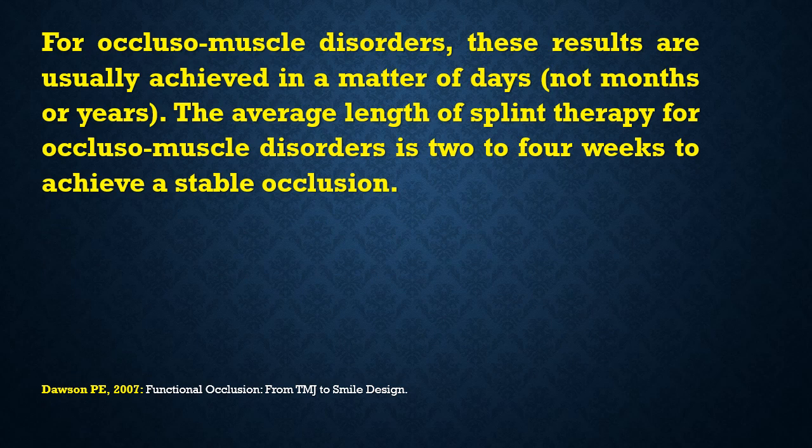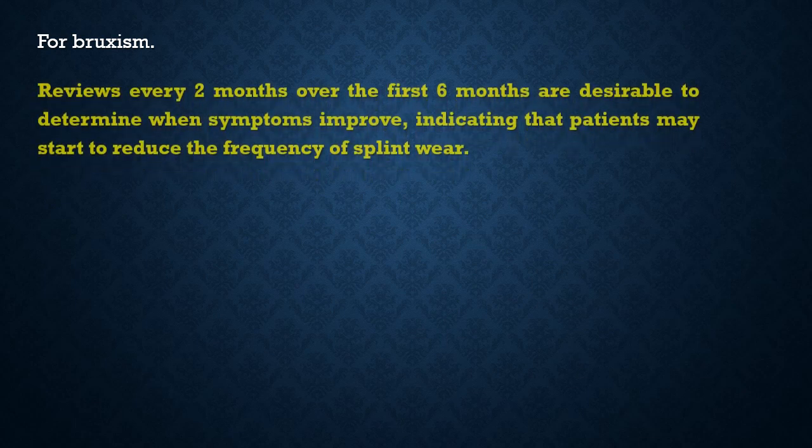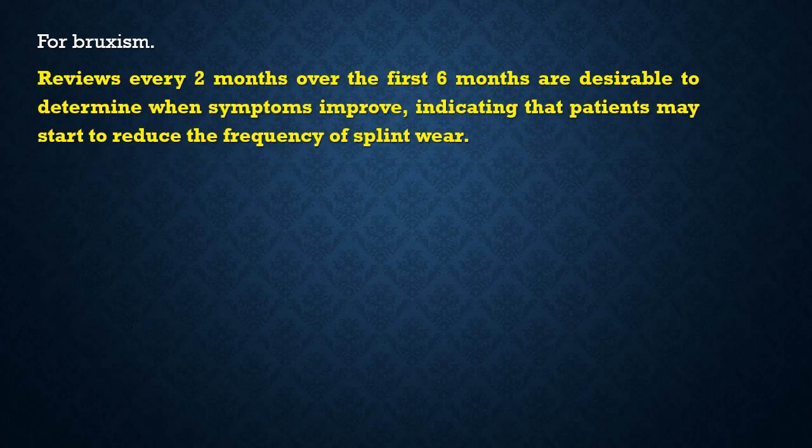Well, generally for occlusal muscle disorder, these results are usually achieved within a matter of days and not months or years, and the average length of splint therapy for occlusal muscle disorder or spasm is 2 to 4 weeks to achieve a stable occlusion. Well, in case of bruxism, the treatment is longer.